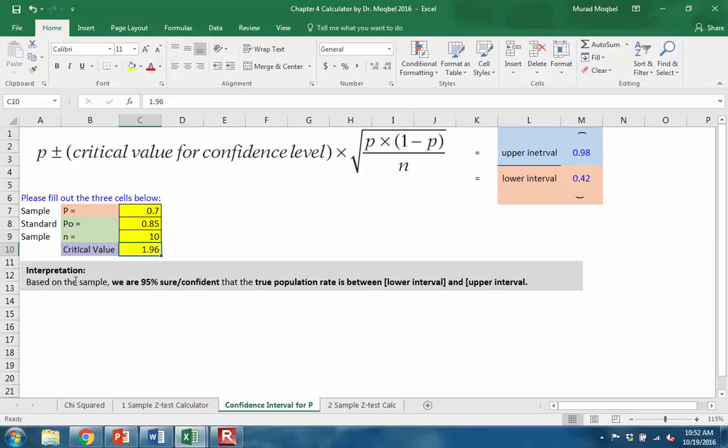So now we can interpret these results by saying that based on the sample, we are 95% sure, or confident, that the true population rate, in this case the flu vaccination compliance rate, is between 42% and 98%.